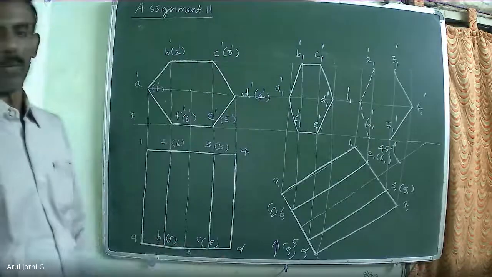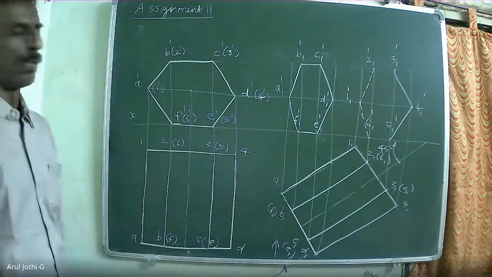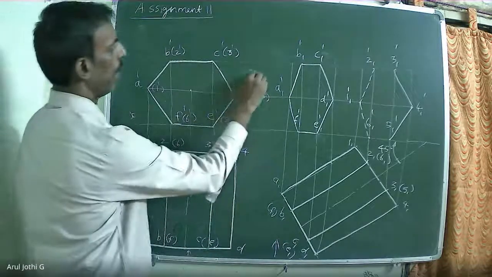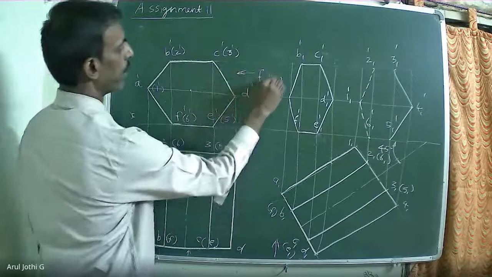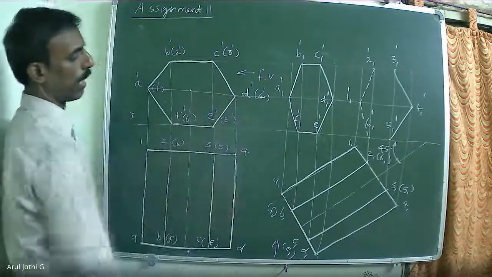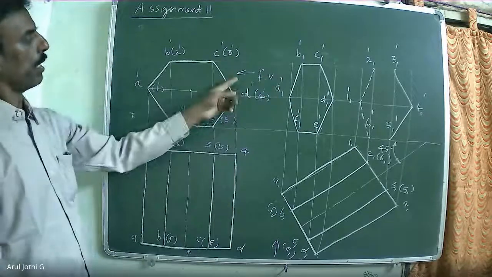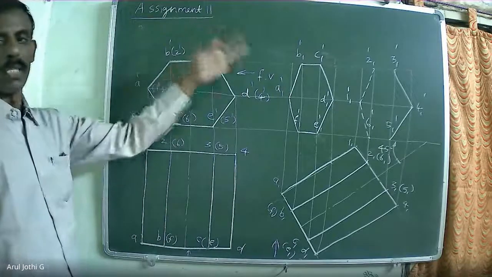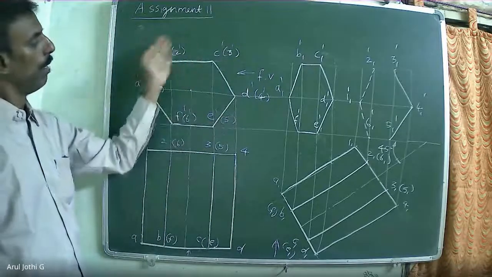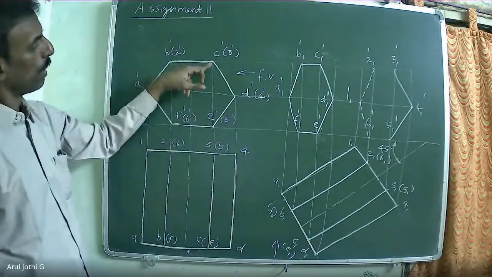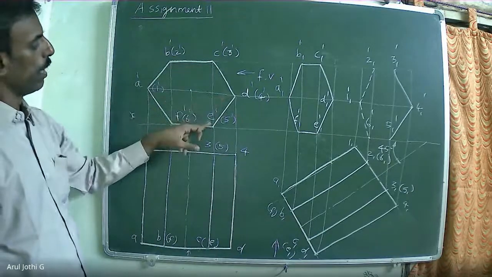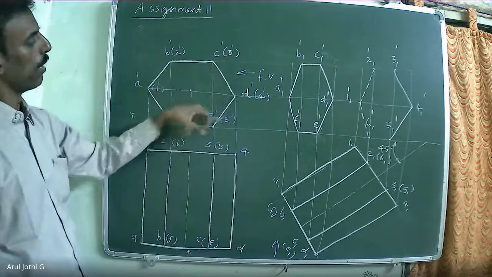Then we have to identify the visible longer edges. For that, you have to look carefully in this direction. So when you look in this direction, from here you just see the edges. What are the edges available at the front side? When you look from here, C3, D4, E5 are available at the front side. That will be visible.